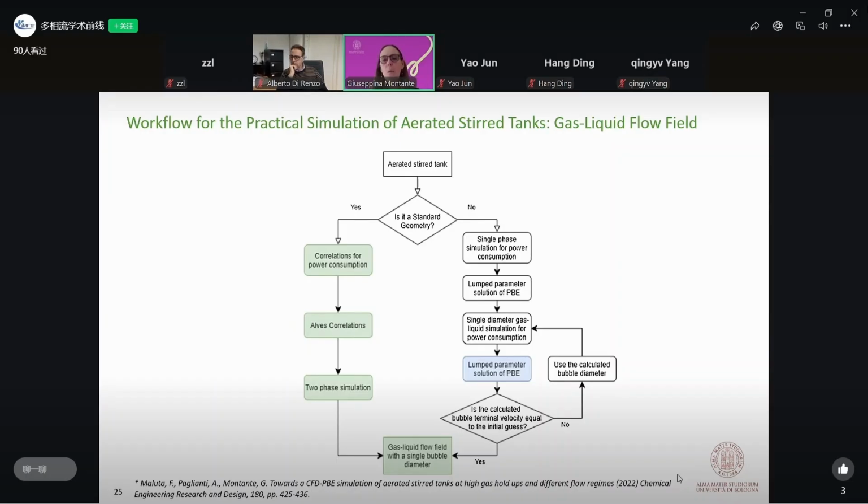In this way, we obtain a first gas distribution of bubble size, and we can see if from this distribution we have a narrow or wide distribution of bubble size.